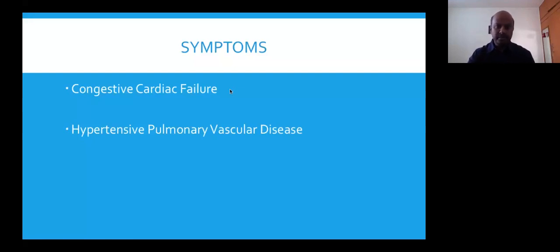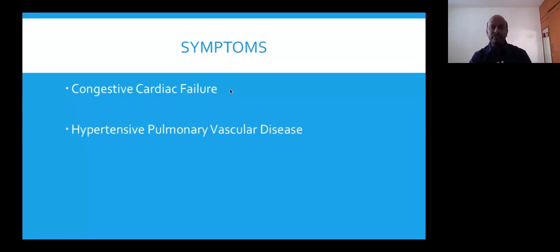So basically, the excessive flow causes microvascular injury, which can release growth hormones, which can release some factors which then can cause proliferation of the intima and hyperplasia of the media and cause luminal obstruction with an increase in pulmonary vascular resistance.